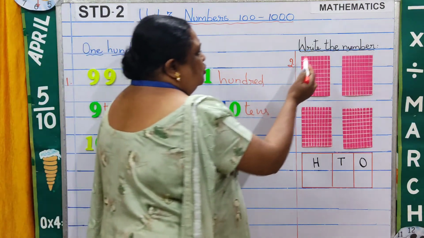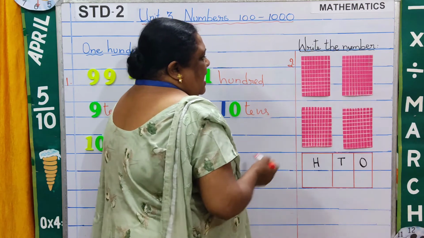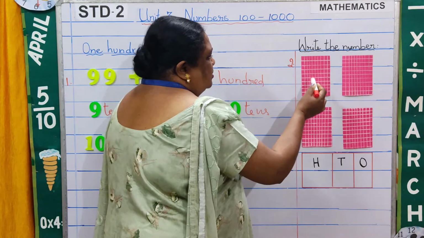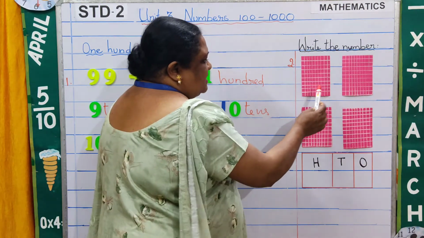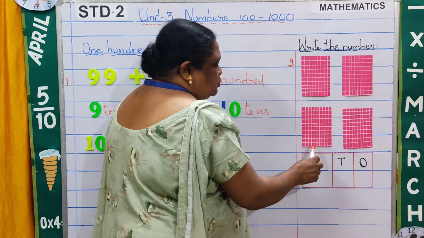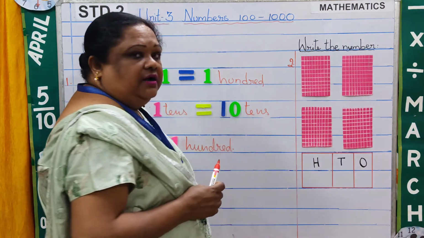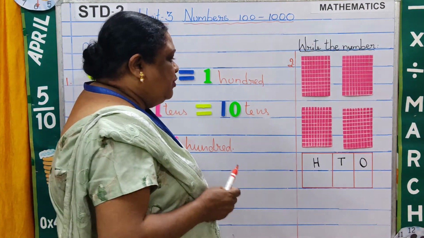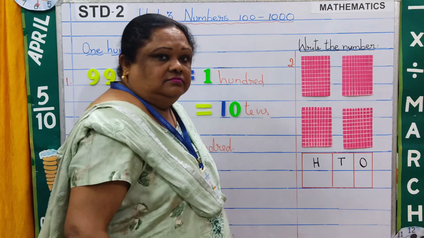Coming to number 2, write the number. We have 4 boxes here and each box has 100 squares. The first box has 100 squares, the second one has 100 squares, the third one also has 100 squares and the fourth one also has 100 squares. How are we going to write them in numerals?